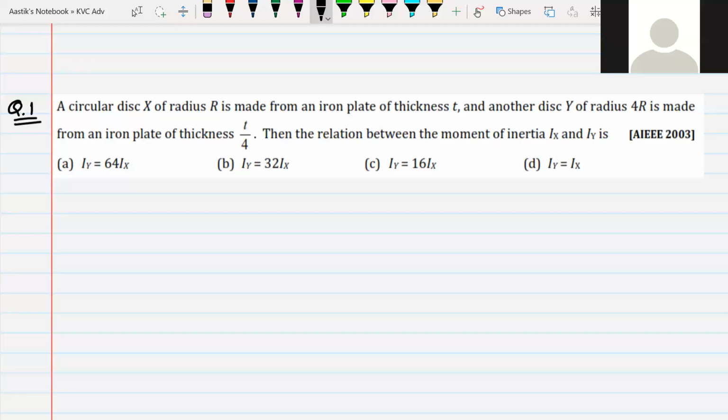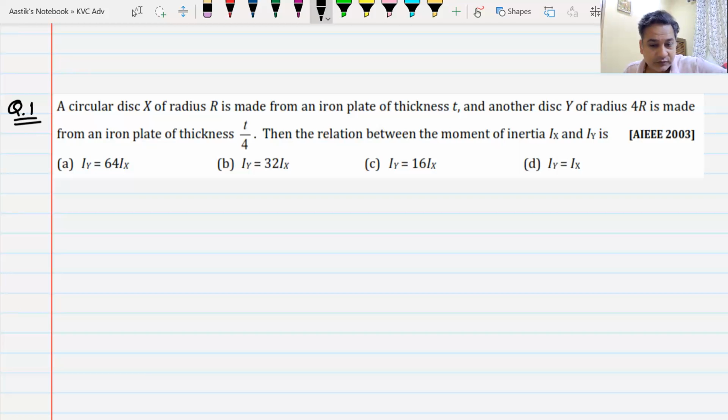Remember, the questions that are going to come in JEE from rotation, if it's from moment of inertia, there's a high probability that you can do it and get it correct. If it's from some other thing, it might be a difficult question and you might not do it. So I'm only concentrating on the type of questions that are more likely to come and that you are more likely to do correctly. Because if they make a difficult question, trust me, no one would be able to even touch it.